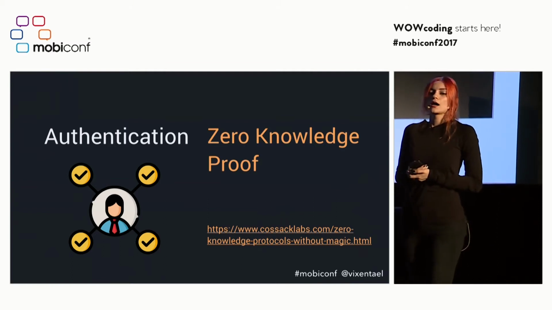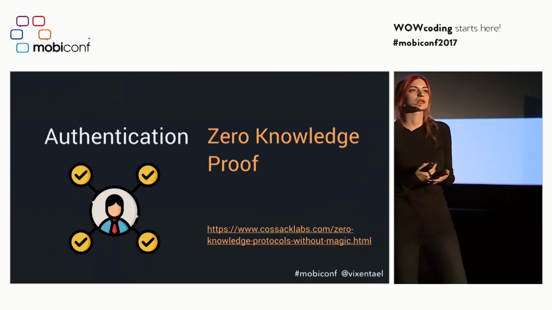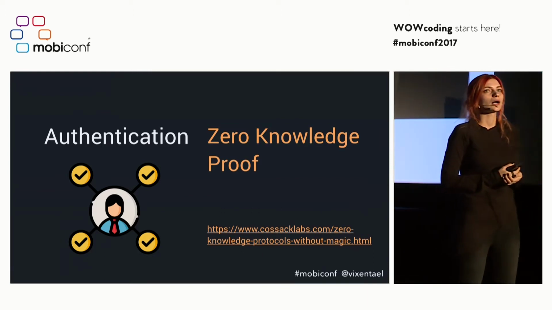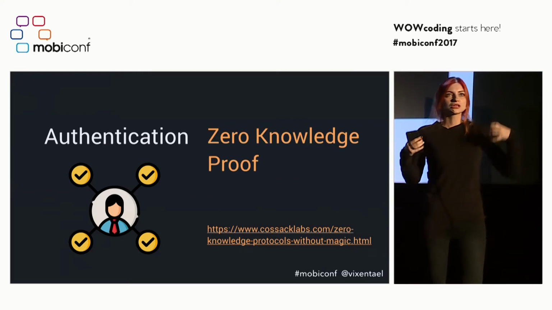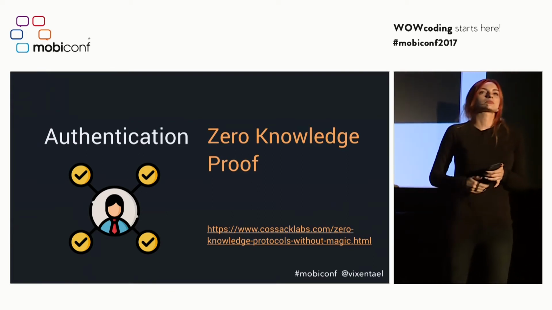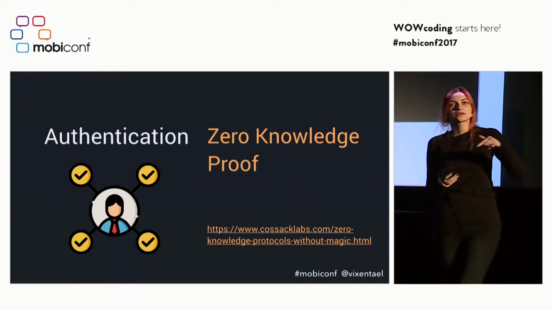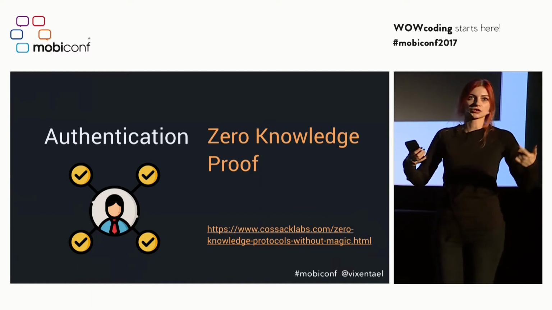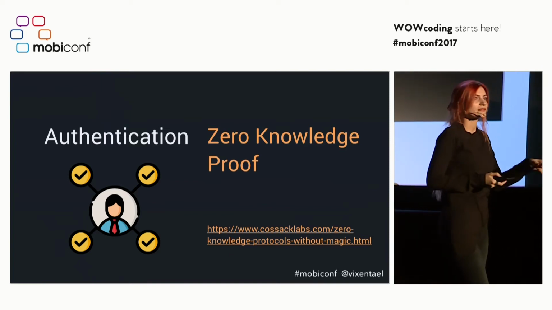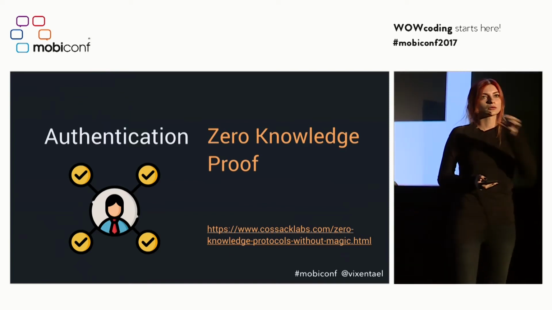Smart, right? If you don't know how zero-knowledge proof protocol works, it's okay. I won't dig into details. I can recommend you to read that post, or I can answer your questions after the session, or you can ask me privately. I just have a lot of things to talk about. I don't want to stop on this one.